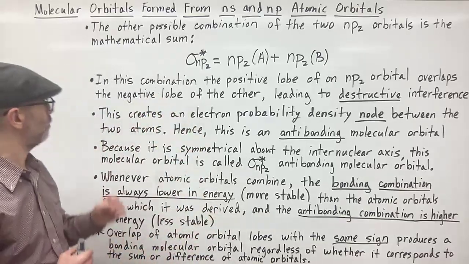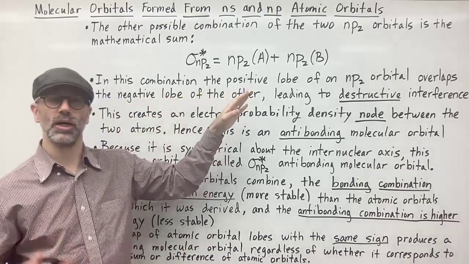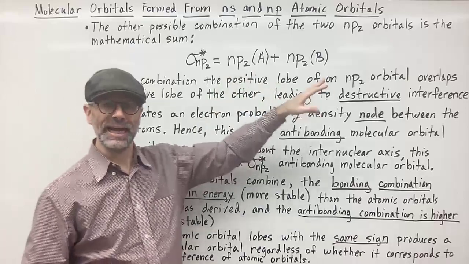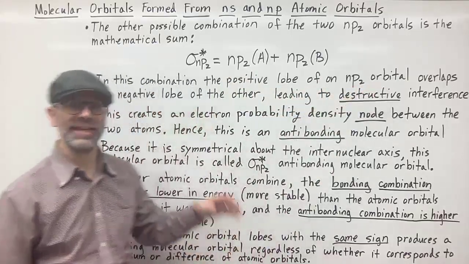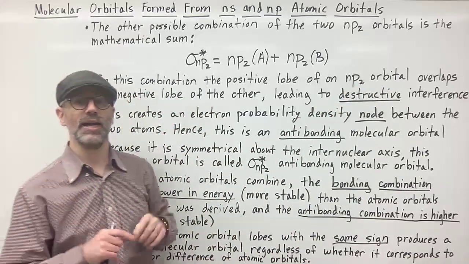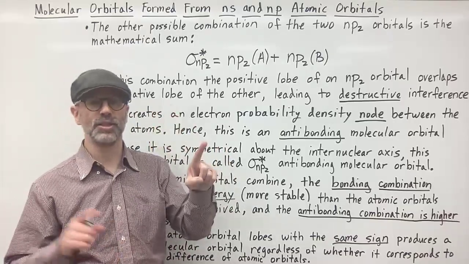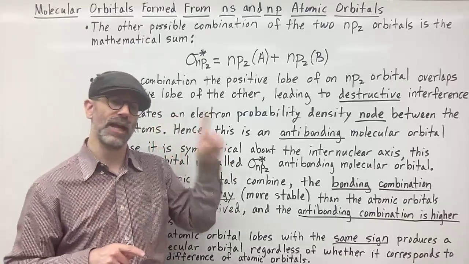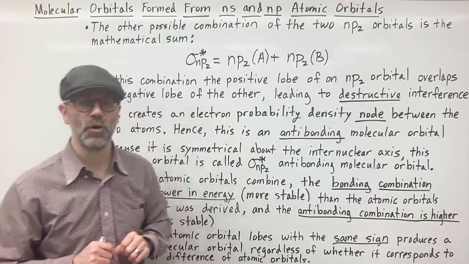So let me explain a little bit more. In this combination, the positive lobe on one NPZ orbital is going to overlap with the negative lobe of the other, right? So again, before, when we were finding the difference, it was the positive overlapping with positive or negative overlapping with negative. We talk about positive usually more often.